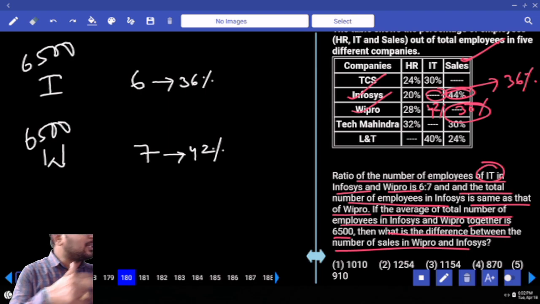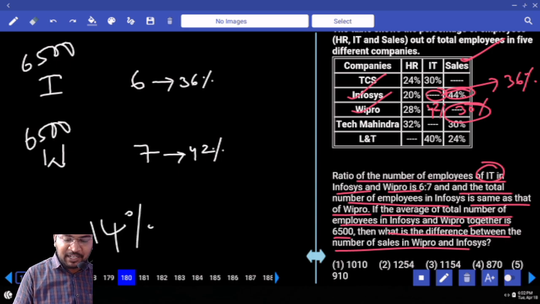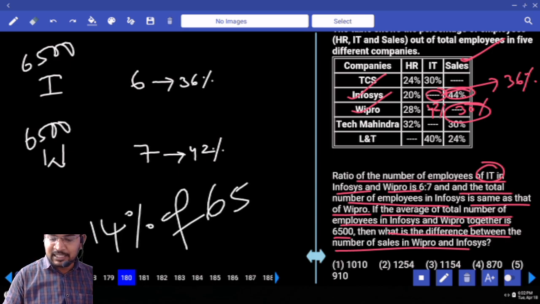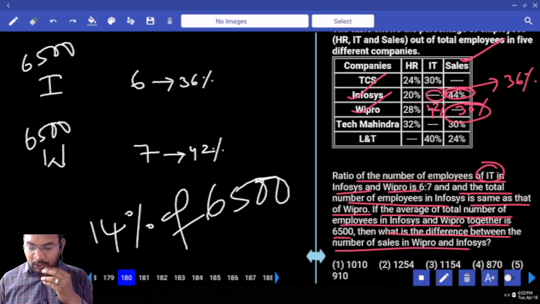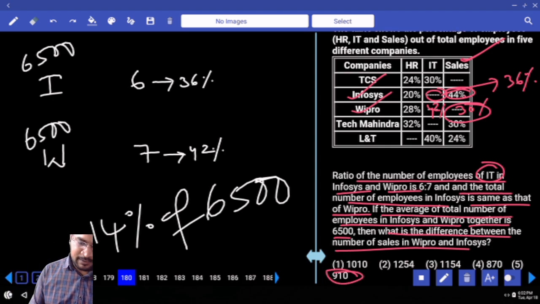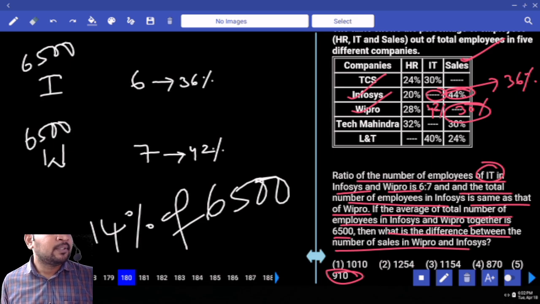Both total numbers of employees are the same, so the difference is only 14% of 6,500. 10% is 650, 1% is 65, 2% is 130, 4% is 260. 260 plus 650, your answer is 910. Are you clear? Shall I go for the next question?